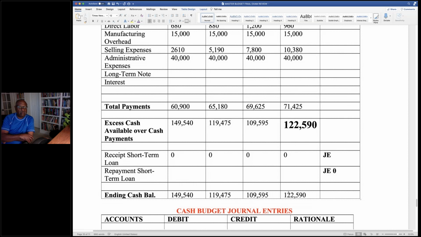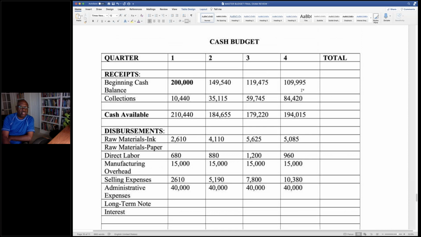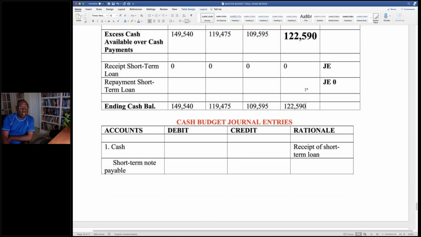Okay, just working with this chart, suppose our minimum cash needed to be 200,000.